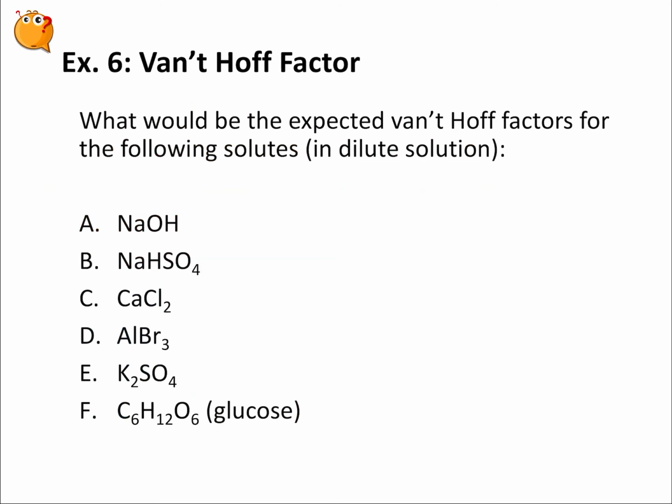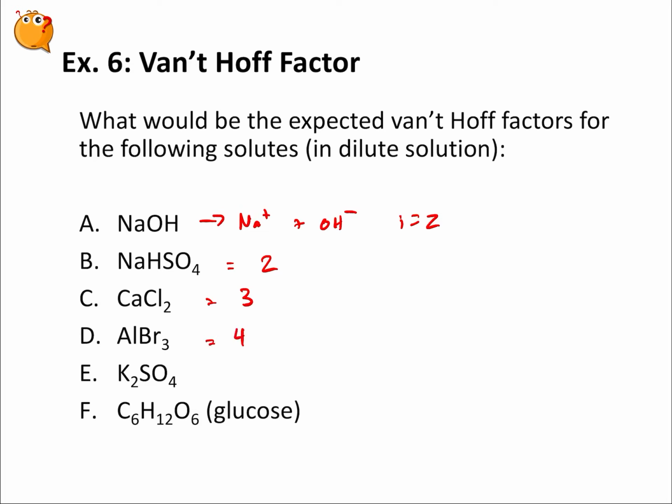So exercise 6 says, what's the Van 't Hoff factor for each of these following solutes? And you just look at what they would dissociate into if you put them in water. Na plus plus OH minus will give you a Van 't Hoff factor of 2. Sodium bisulfate would also be 2. Calcium chloride would dissolve into 3. Aluminum tribromide would dissolve into 4.